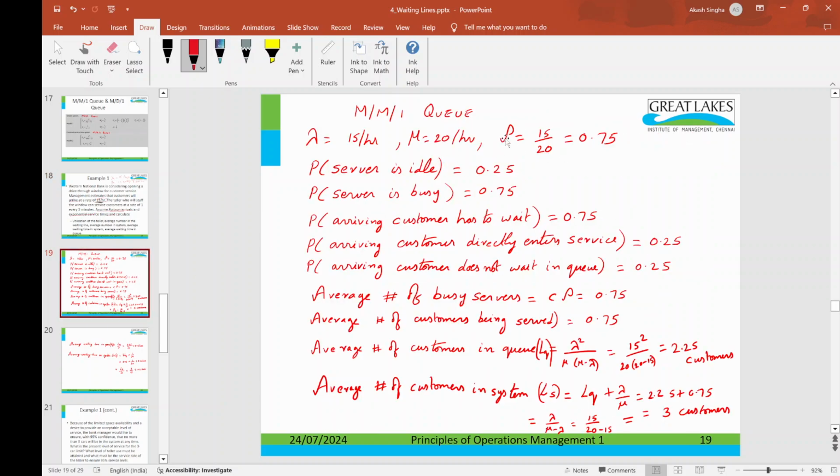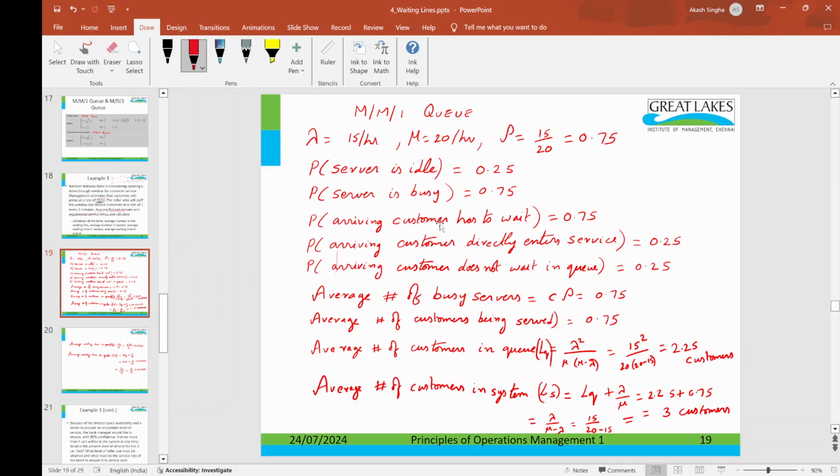After that, we can calculate the utilization factor rho by taking 15 by mu. Generally lambda should be less than mu, because if rho is greater than 1, there will be an infinite queue. From that we have different interpretations: if rho is 0.75, the probability that the server is idle is 0.25, which is 1 minus this, and the server is busy with probability 0.75.